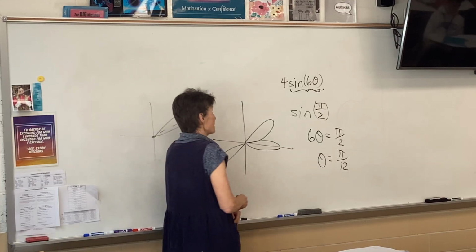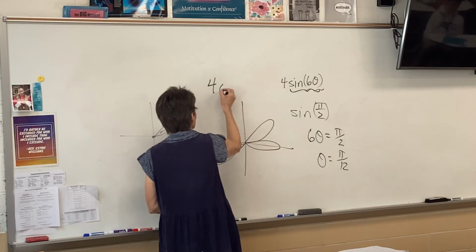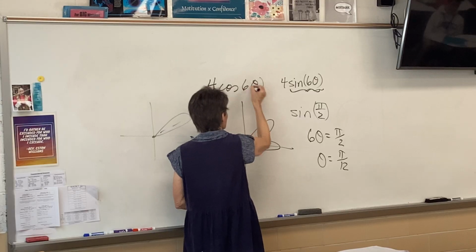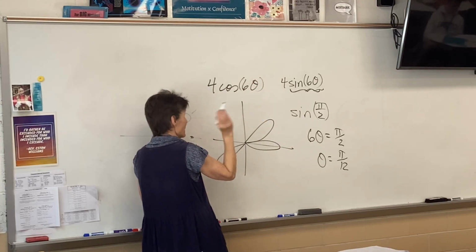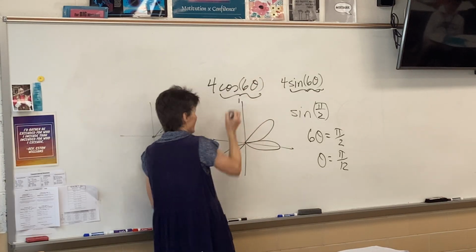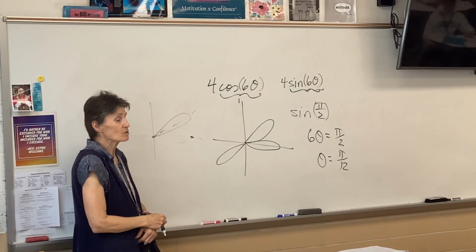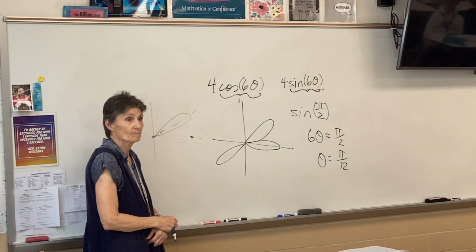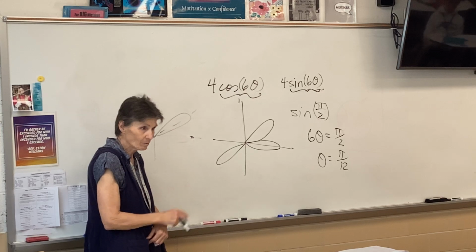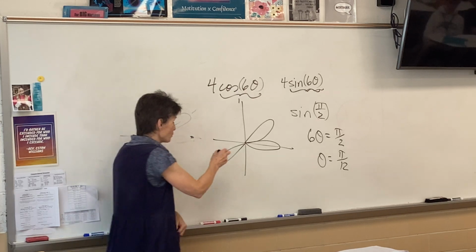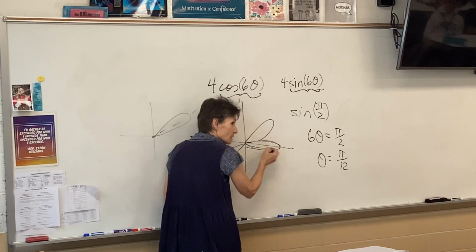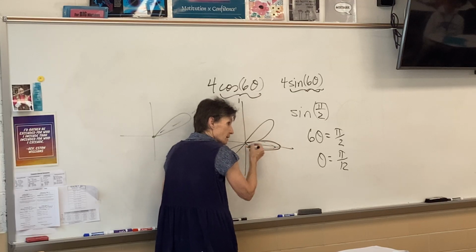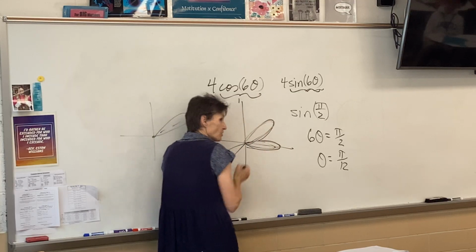At pi over 12. Now, if you are a cosine, the biggest it can be is where that is 1. Where is the cosine 1? At 0. So your first leaf is going to be at 0. That's what a cosine is going to look like. This is what a sine is going to look like.